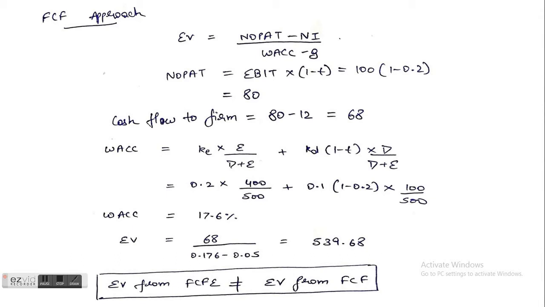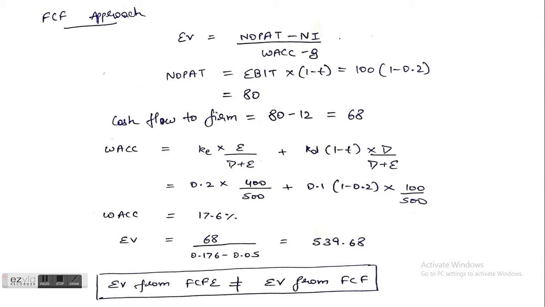Now we are assuming that the cash flow available for distribution to the equity shareholders will increase at 5%. The same is the case with the debt holders' income, and similarly the interest tax shields will also grow at 5%. Now what is the problem here?